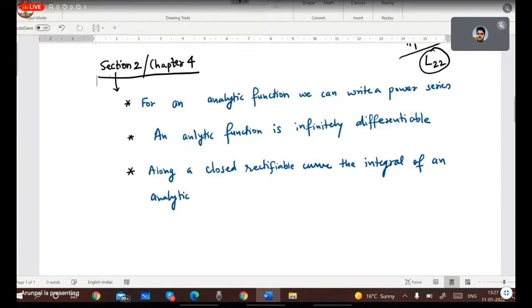So as you can see, our prime focus in this section will be nothing but analytic functions.